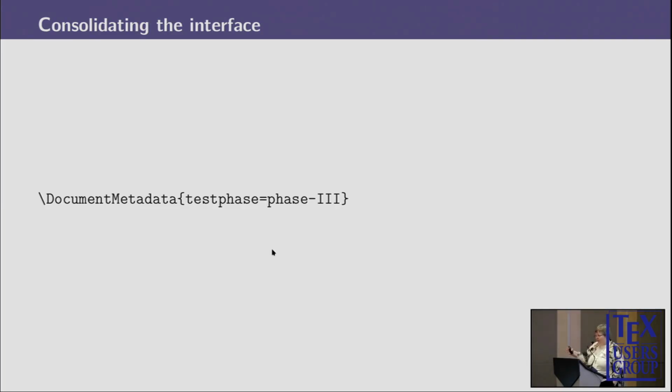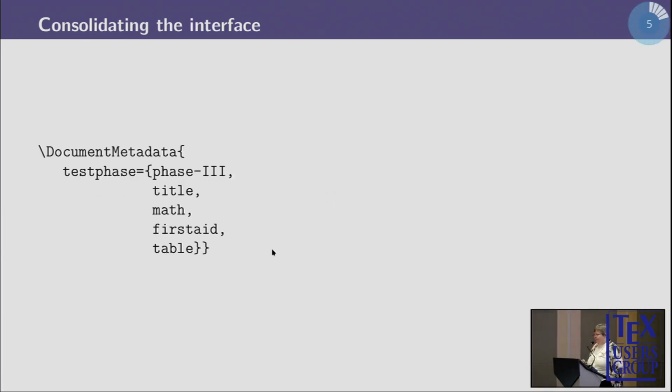And we started with various phases which loaded additional code developed during the tagging project. Here, for example, phase 3. But it's for test phase code, so it was really meant for development, trying out new code, allowing users to load it, to test it, give feedback, and go to the next step.